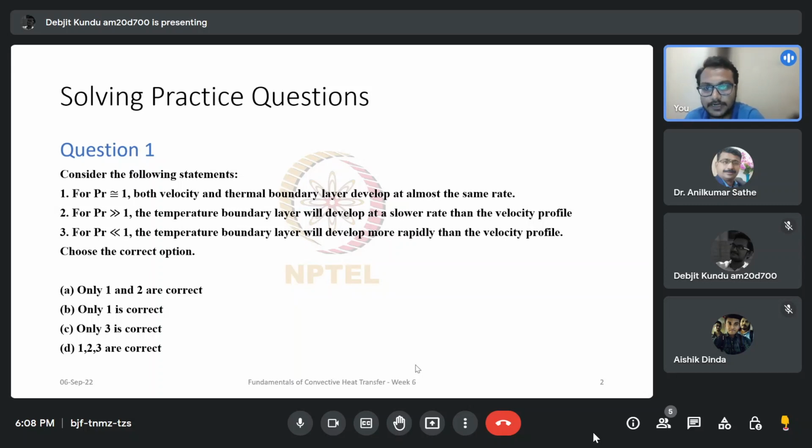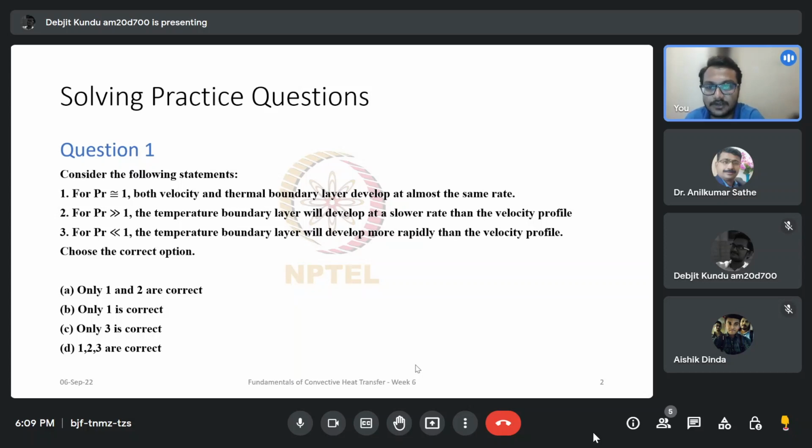For Prandtl number much greater than 1, the temperature boundary layer or the thermal boundary layer will develop at a slower rate than the velocity profile. And statement 3 says for Prandtl number much lesser than 1, the temperature boundary layer will develop more rapidly than the velocity profile. So among these three statements, pick out which ones are correct and then see if that particular combination is present within the options given below.